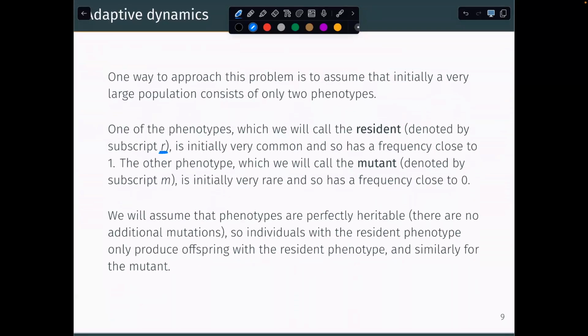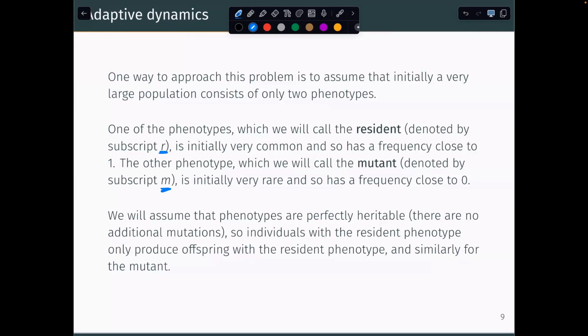In fact, to start with, it technically has a frequency of 1 because everyone is composed of this particular phenotype. Then we're going to assume that there's a rare mutation, and this mutant, denoted by subscript M, has a frequency close to 0 because it's very rare, and we're going to see if that mutant can invade into this population.